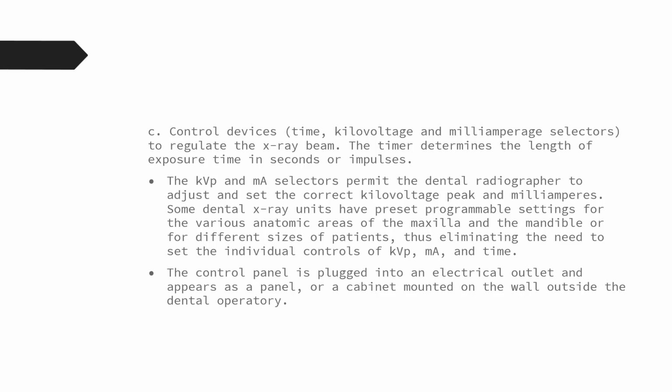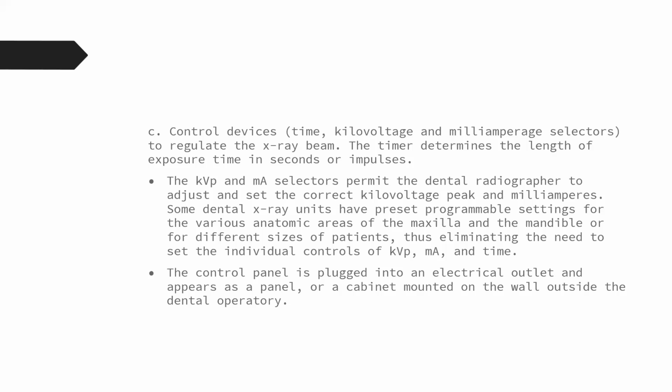You can set the time, increase or decrease it, and according to the tooth you're taking the radiograph of, you press the button for that specific tooth. So you don't need to do all of this anymore. Once you press those buttons, it automatically sets these factors into place because it is preset in that machine.